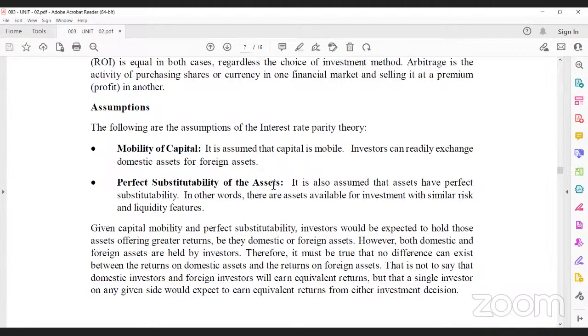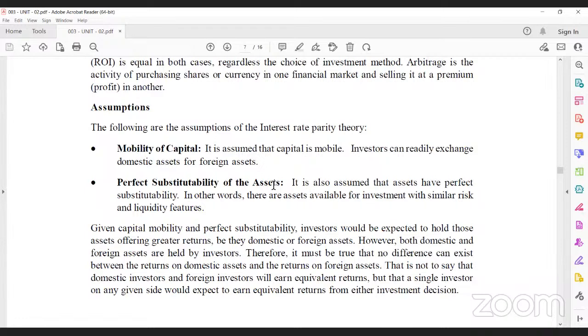Now, given the capital mobility and perfect substitutability, investors would be expected to hold those assets offering greater returns, be it a domestic or a foreign asset. But there's no difference that can exist between the returns on domestic assets and returns on foreign assets.